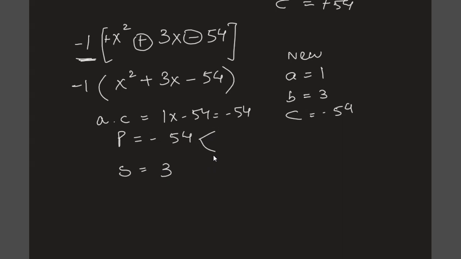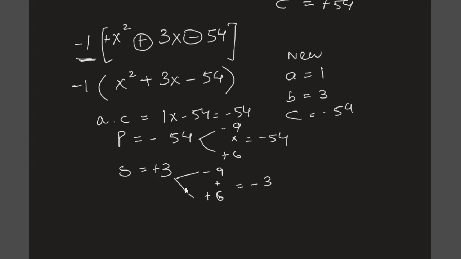Which two numbers multiply to give me -54? That is a -9 and a positive 6. When I multiply, I get -54, and when I add -9 and a positive 6, I get -3. Now you see, I don't want a -3, I want a positive 3.